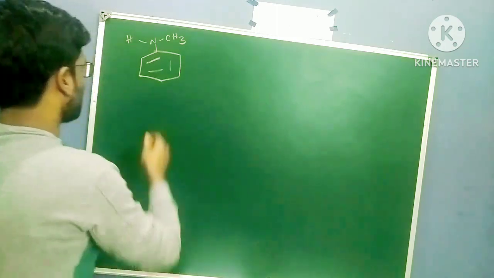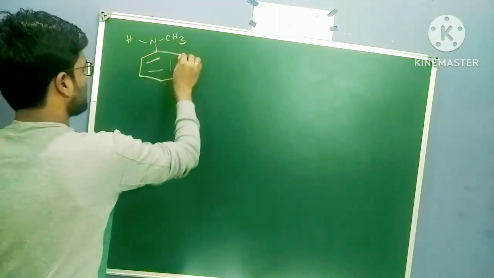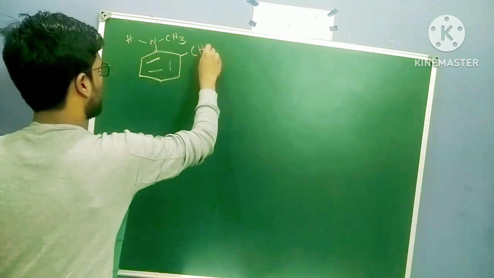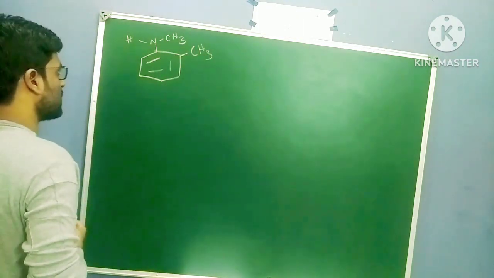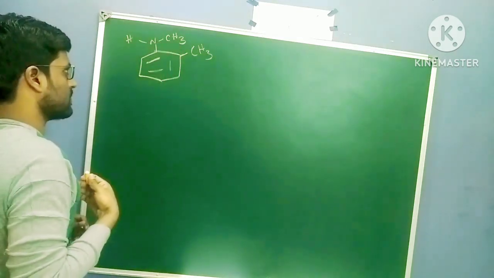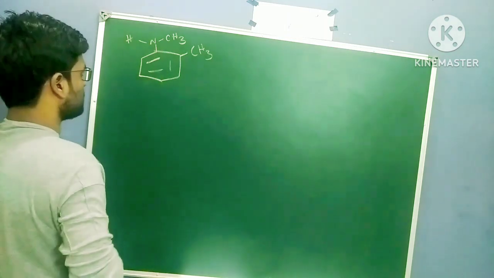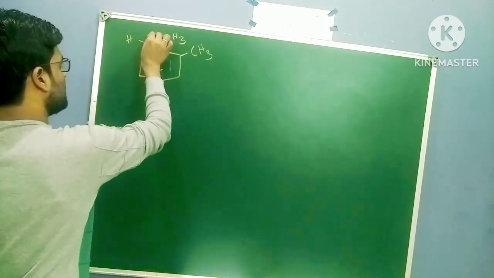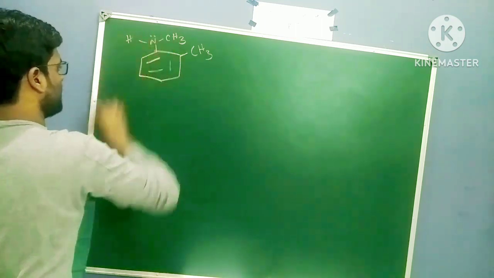Suppose at the ortho position I have a methyl group. This group is nothing but the opposite person, and the opposite person's size is very high. Initially this group is on the plane.